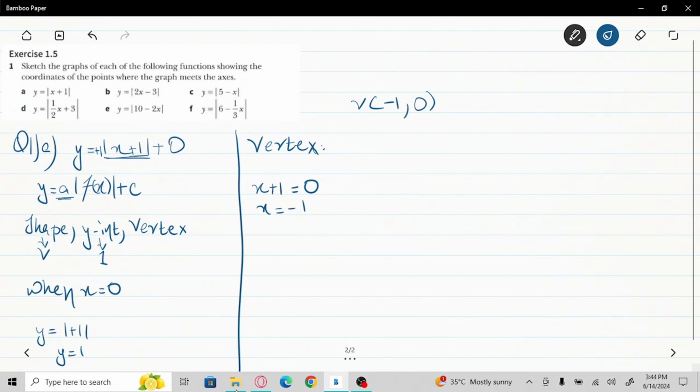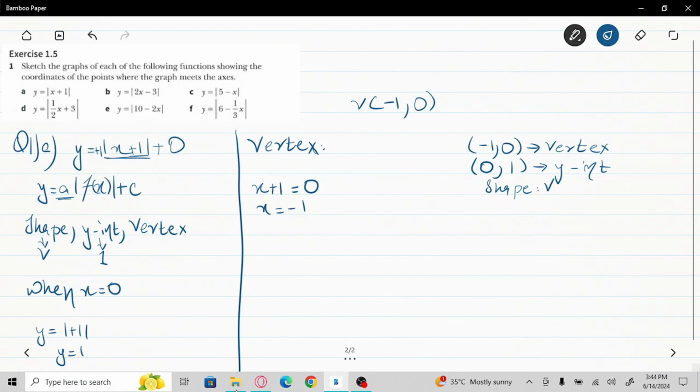So we have two coordinates: -1, 0, which is the vertex, and the y-intercept, which is 0, 1. And we have the shape of the graph, which is a V shape.